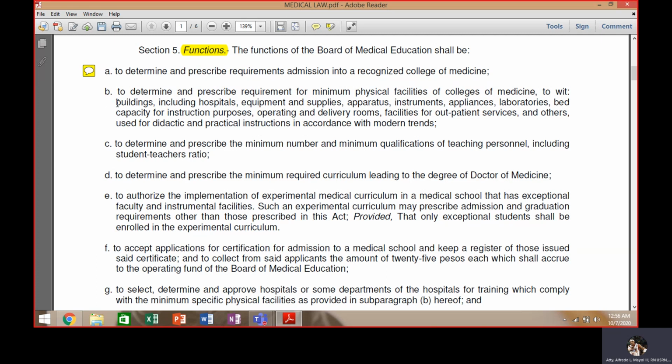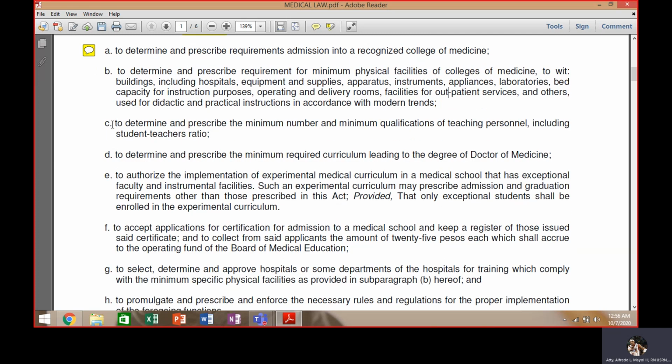To wit, like buildings, including hospitals, equipment and supplies, apparatus, instruments, appliances, laboratories, the bed capacity for instruction purposes, operating and delivery room, facilities for outpatient services, and others used for didactic and practical instructions in accordance with the modern trends. Okay, so these facilities are important, especially for training of the students for their hands-on experience.